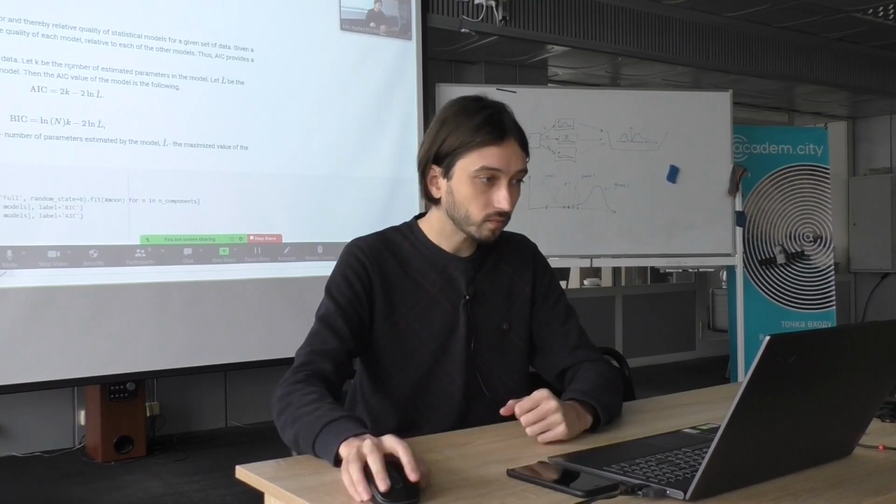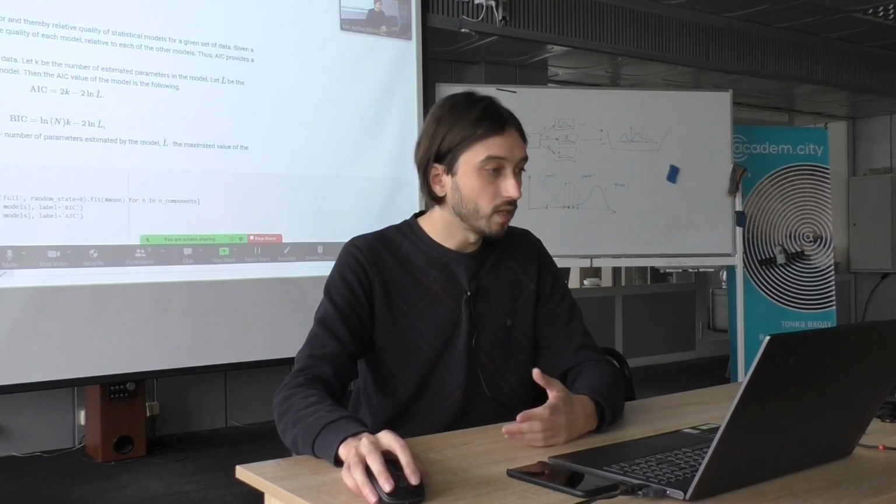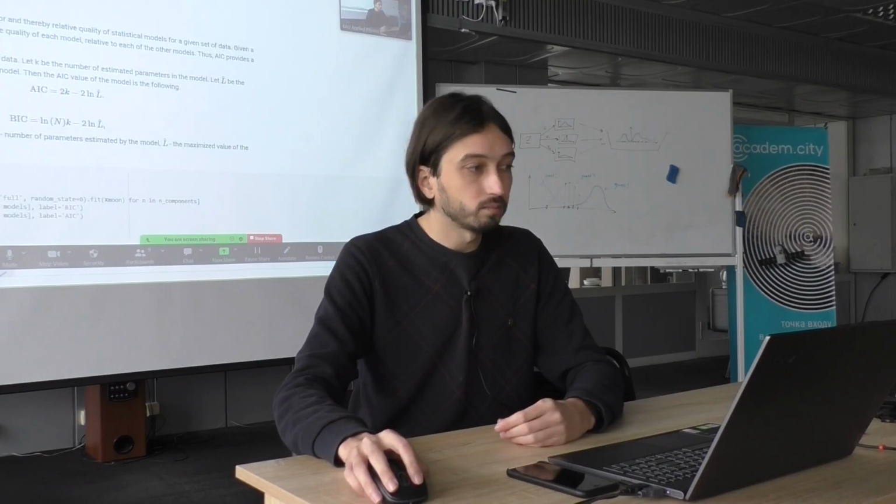So we have these troubles with k-means, and of course, you might guess that we have the problem of estimating the number of components for GMM. So how do we find that number of components? That depends on the situation, but I want to show you at least a few cases, let's say a few methods, how to do that.